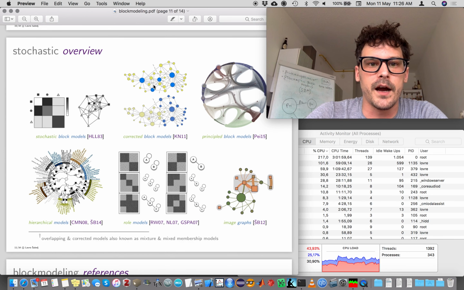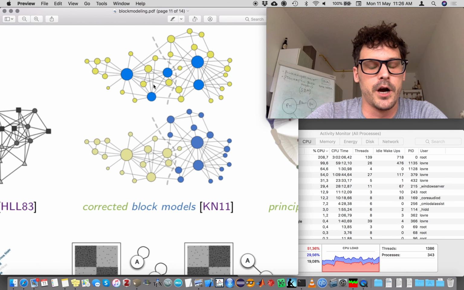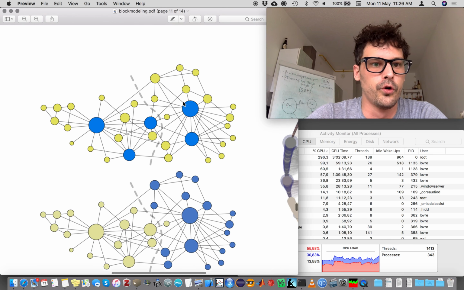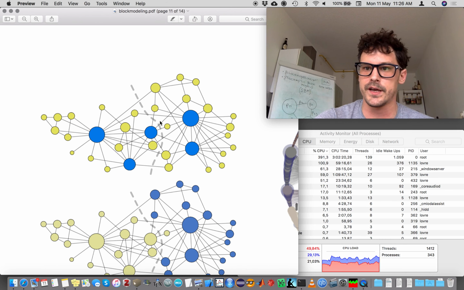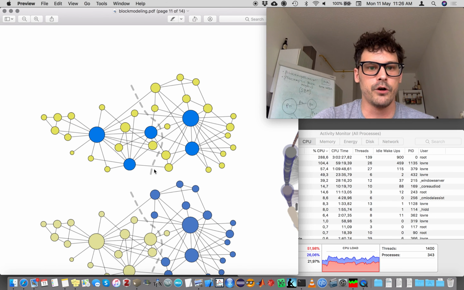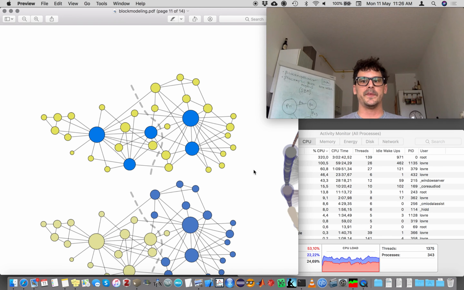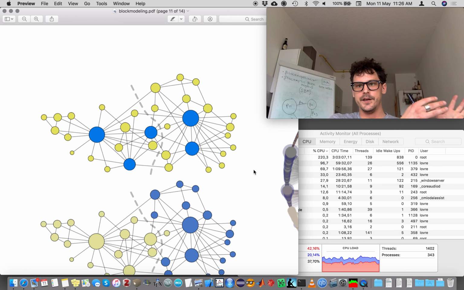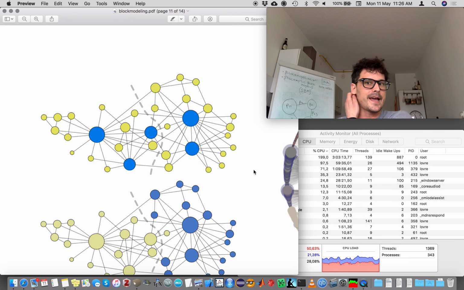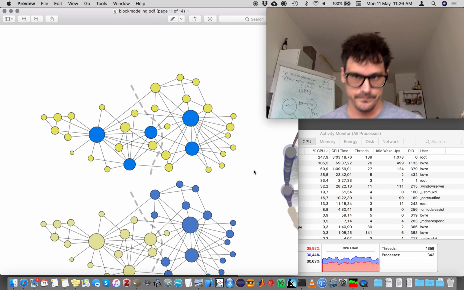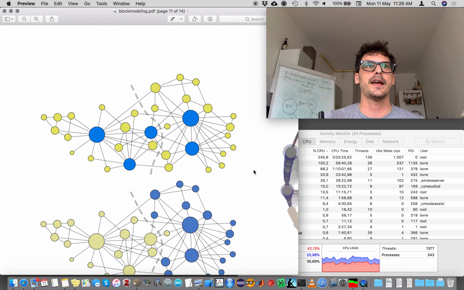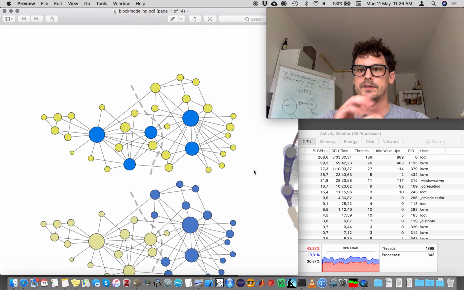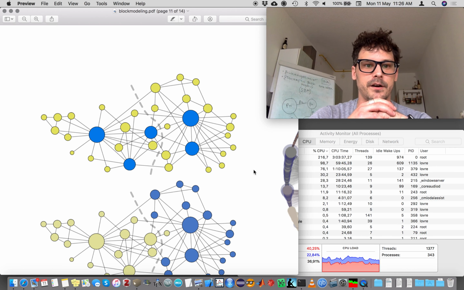If we would apply that kind of approach to the Zachary Karate Club network, as you can see here, that has some non-sociological division into two groups, and you specify that the number of groups should be 2, what the algorithm will do is push high degree nodes into one group and all the rest of the nodes in the other group. Because in that case, you are most likely to generate the observed network.